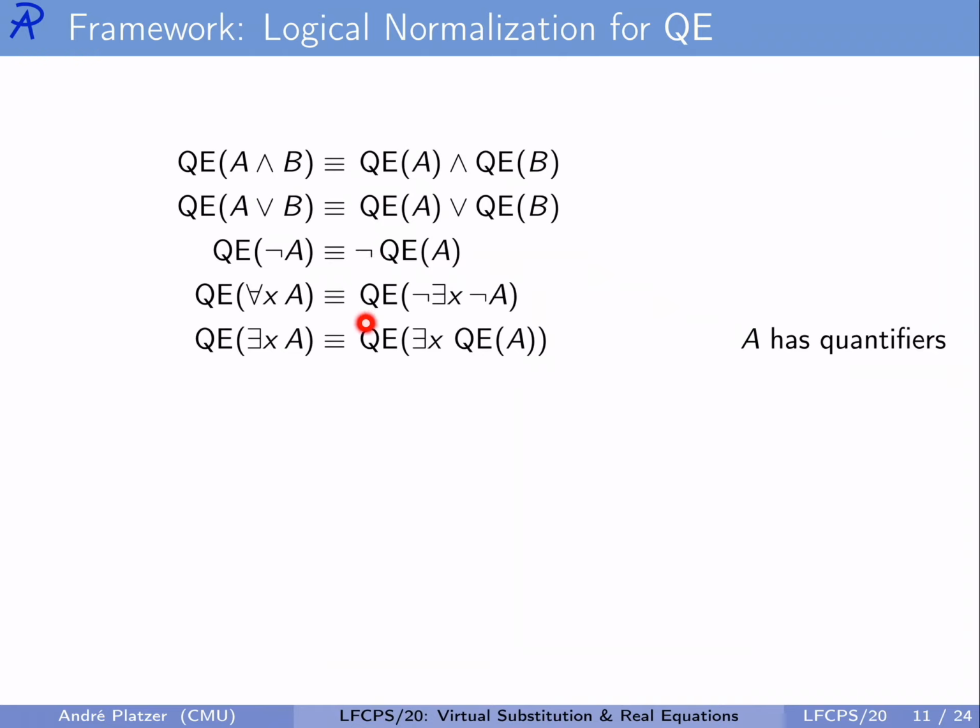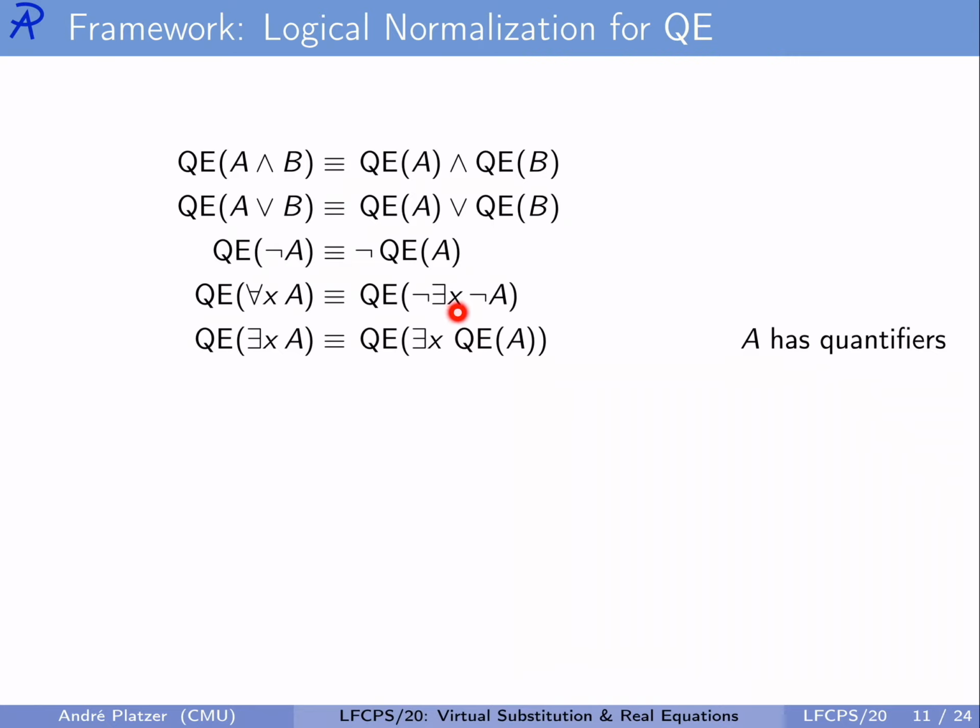For all, we can ask quite cleverly to instead quantifier eliminate the equivalent formula, not there is an x such that not A. Well, why? Well, because that will make the not go away and will enable us to focus just on quantifier elimination for existential quantifiers.